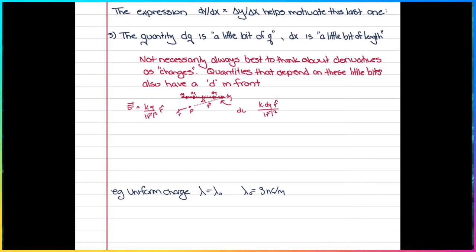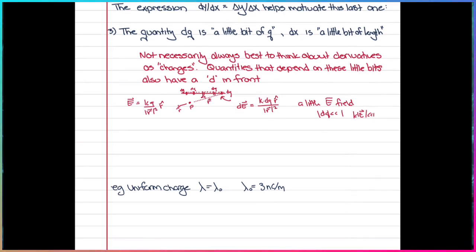So we would write this as dE instead of just E. Again, it is the electric field resulting from this particular charge, but since it's a little bit of charge, I just write dE, which you can think of as a little E field contribution. Since dQ is exceptionally small and it's in the numerator, you expect dE to also be exceptionally small.